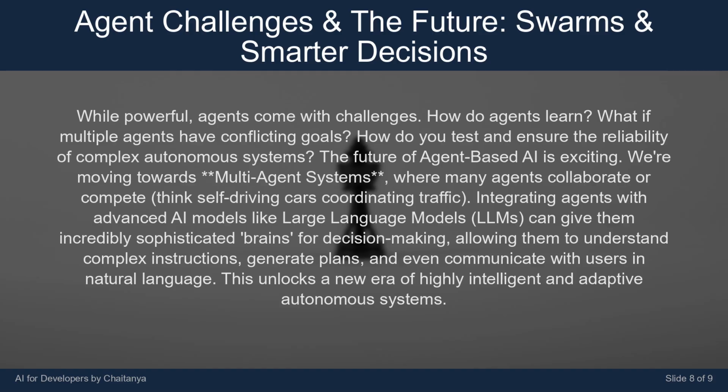Integrating agents with advanced AI models like large language models, LLMs, can give them incredibly sophisticated brains for decision-making, allowing them to understand complex instructions, generate plans, and even communicate with users in natural language. This unlocks a new era of highly intelligent and adaptive autonomous systems.